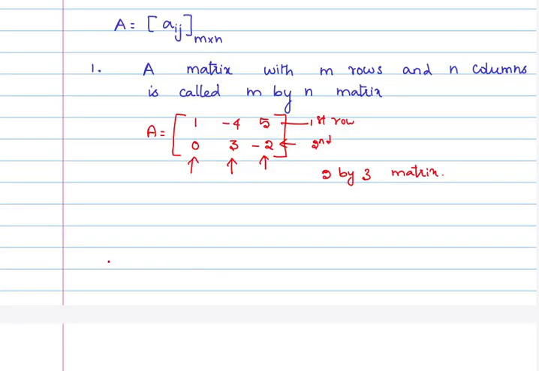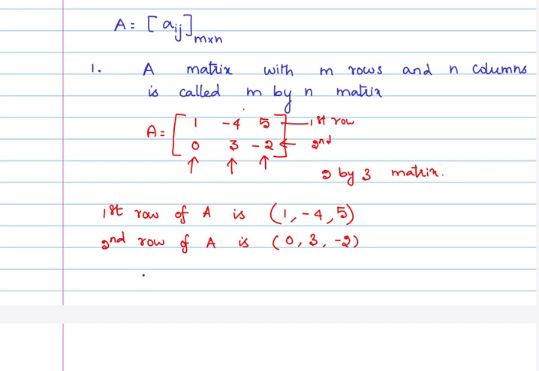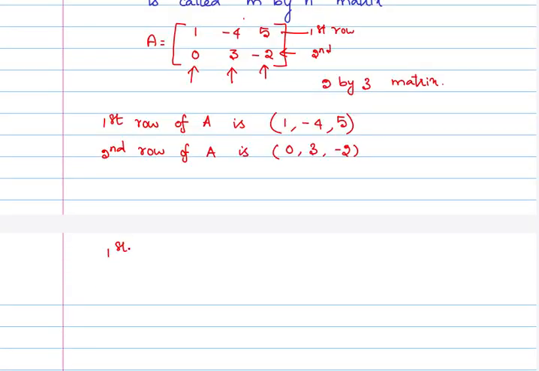The first row of A is 1, -4, 5. The second row of A is 0, 3, -2. The first column of A is 1, 0.